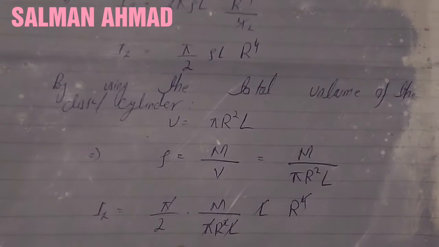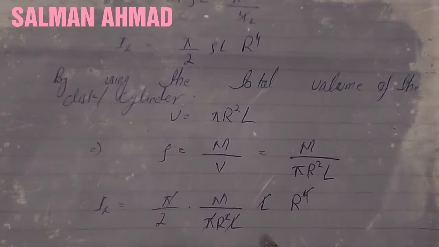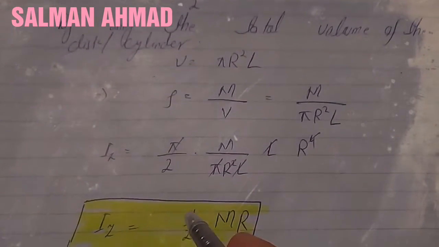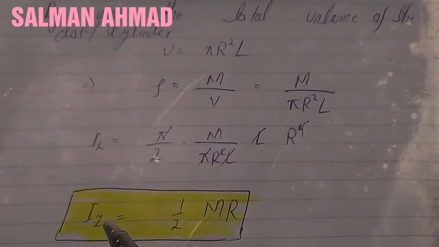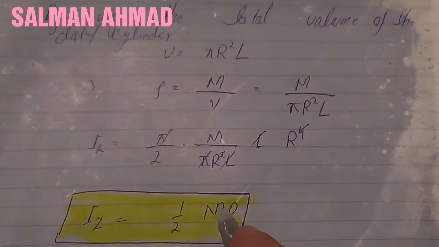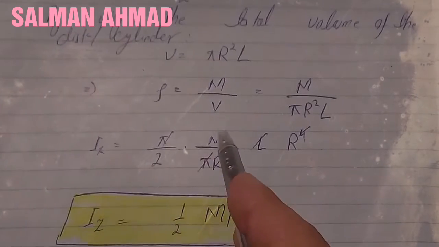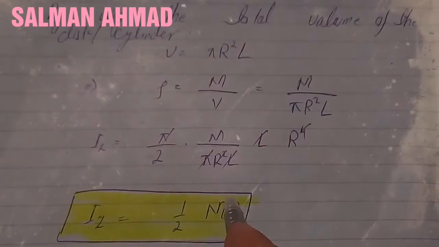So after cancelling the same terms, we come here: Iz is equal to 1 divided by 2 capital M, the total mass of the disk, multiplied by the total radius of the disk.